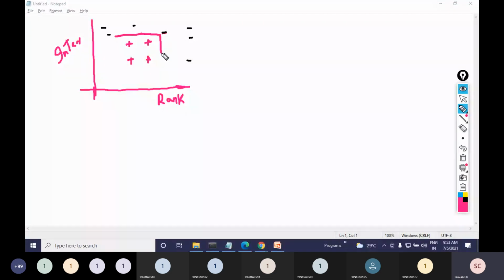This is the range. This is a square or rectangle, whatever you call it. So this box, the pink color box, represents all positive examples. Let us assume this is our target, our original expected one.